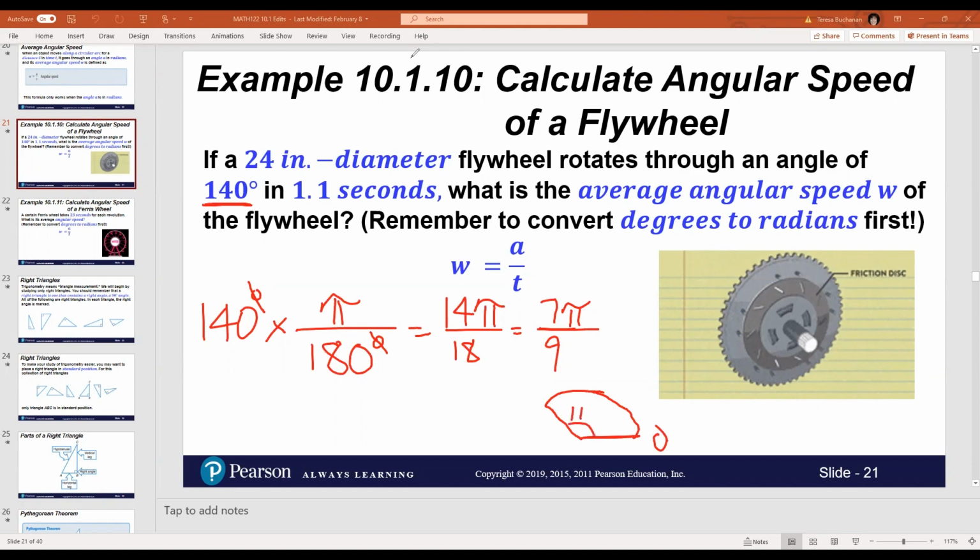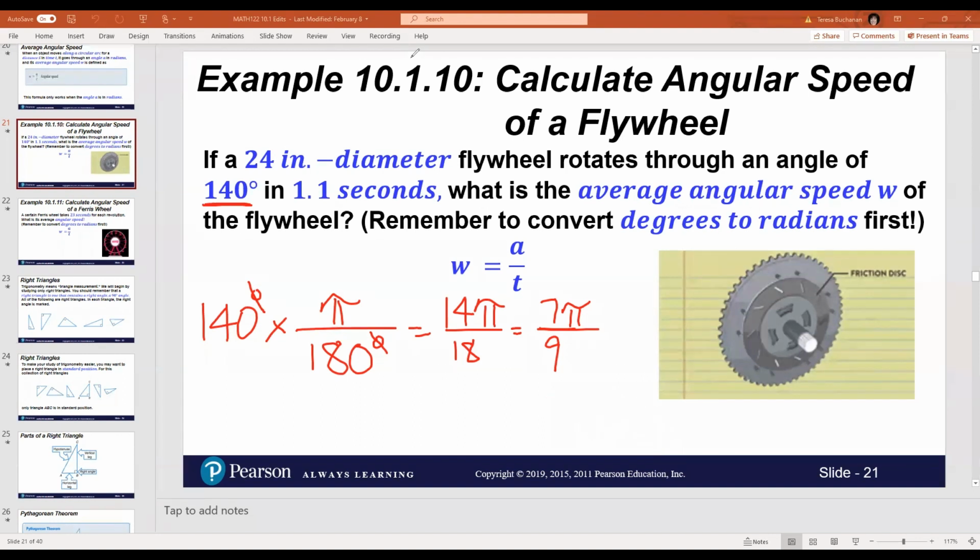This is the 140 degrees in degrees. The movement is starting at some initial stationary spot possibly, and thinking about how long does it take to get that 140 degrees covered. It takes 1.1 seconds. Well, then what is that speed?